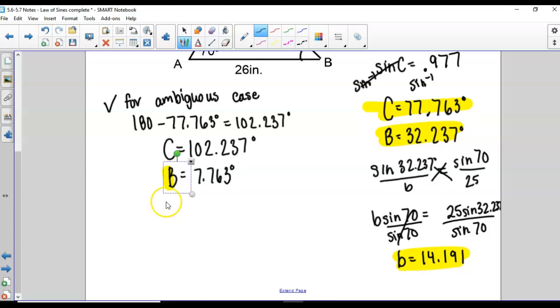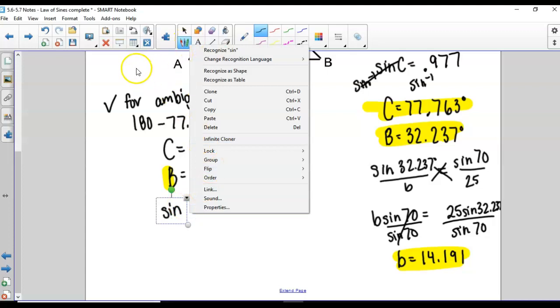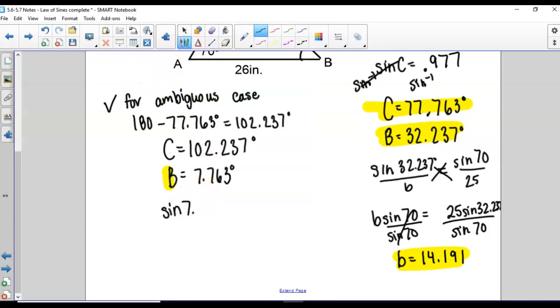Then I'd have to set up sine of 7.763 over side B is going to equal sine of 70 over 25. So you're doing the exact same thing you did right here, except you're changing that 32 to the 7.